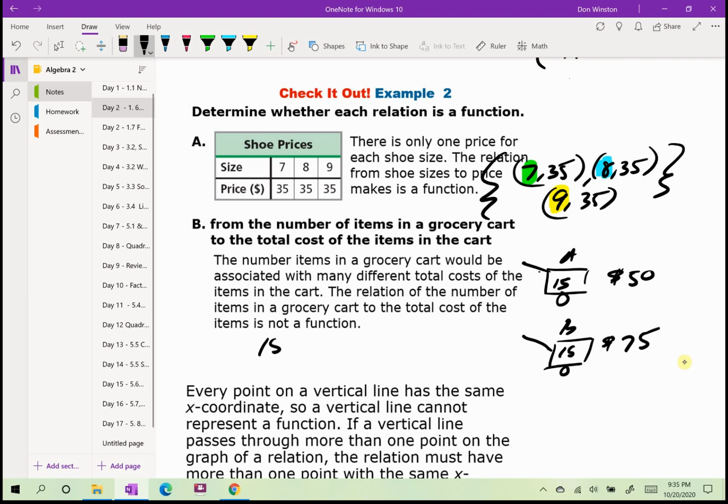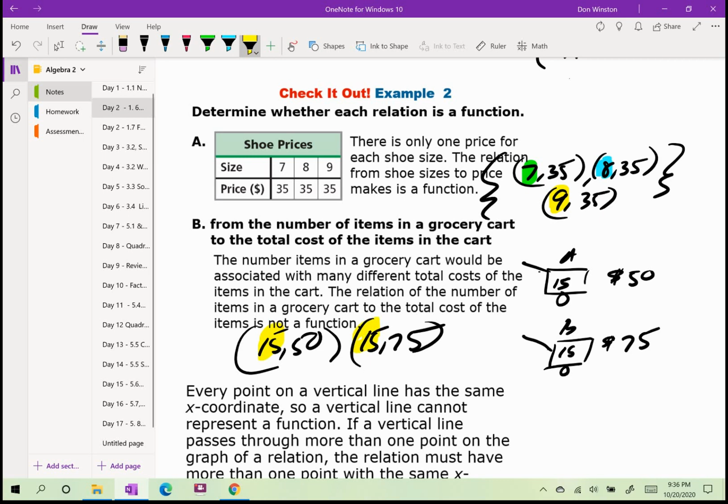So you have 15 going to 50, and you have 15 going to 75. That relation is not a function. You have the same x going to 2 different y's.